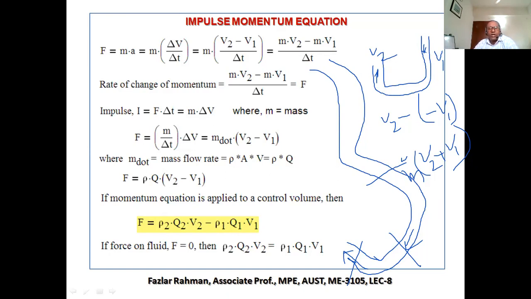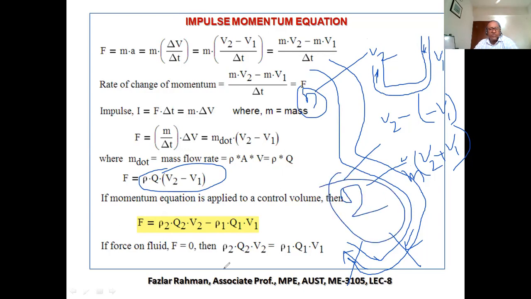So how can you apply this equation between 2 points? If you like to use between these 2 points, say this is point 1 and this is point 2, your F will be rho 2 Q2 V2 minus rho 1 Q1 V1.